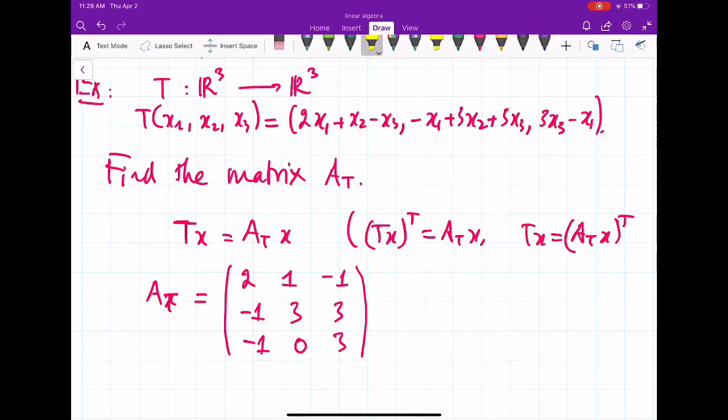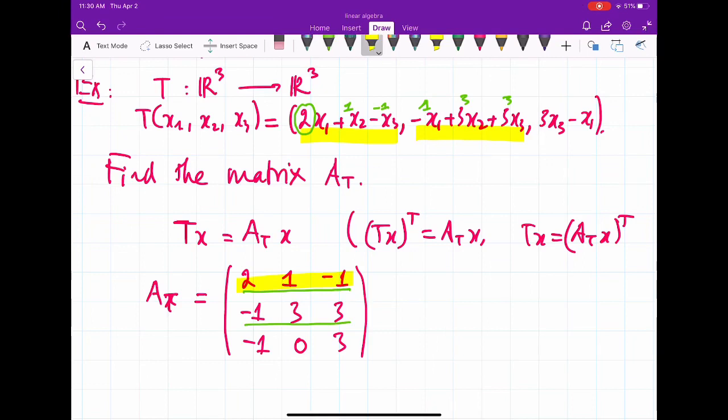How can we see that? Look at this. The first coordinate of T(x1, x2, x3) corresponds to the first row in A_T. I just pick coefficients from here: 2, here I have 1, and here I have negative 1, and write them in row form. Make sense? For the second one, I pick the second coordinate in T and pick all coefficients of x1, x2, x3, and I write them in the second row.